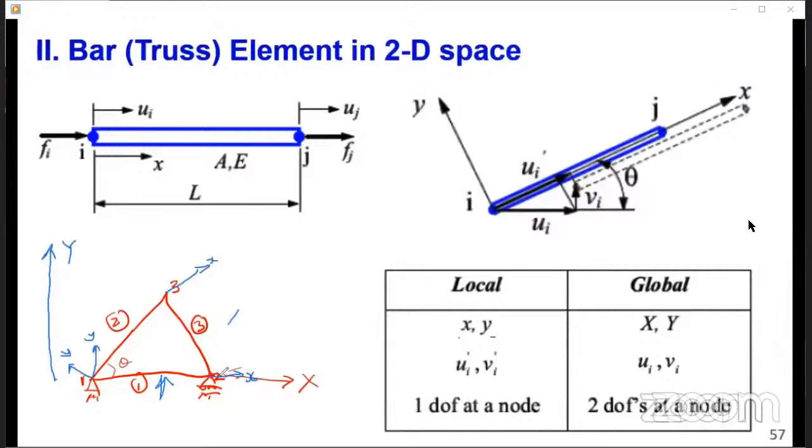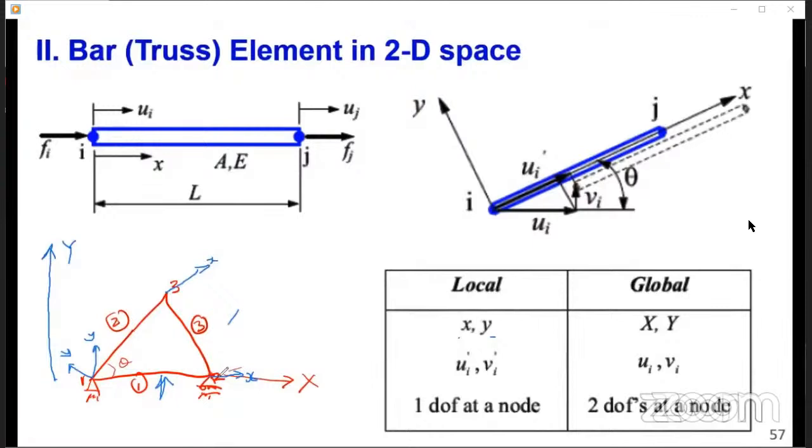That brings us to what we refer to as transformation. For elemental stiffness matrices, we have to transform them. Not just stiffness matrices, but any elemental quantities in the local coordinate system have to be transformed to the global coordinate system, or aligned to the structure coordinate system, so that you can add them up. Otherwise, you cannot add two things which are different.